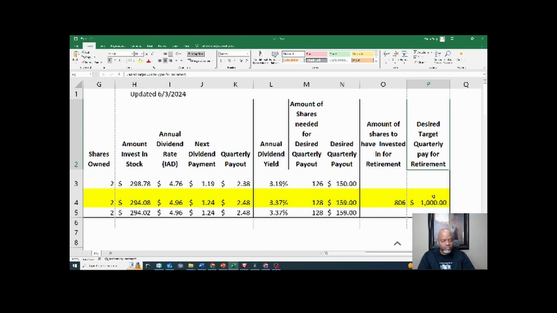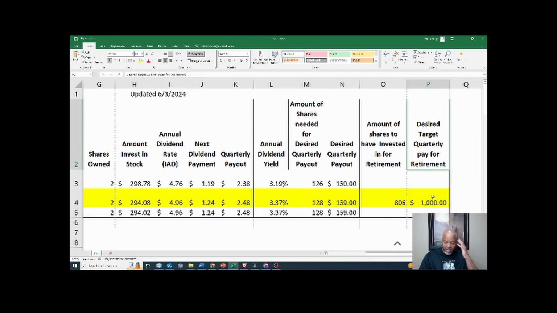I changed it from 200 to 250 because you have to always remember, once you stop reinvesting this money and you're getting payments, the government's going to want to take some taxes out of it. So you've got to incorporate that figure into what you're looking to get as a quarterly payment for retirement. I just rounded it up to 250 because by the time the taxes come out, you'll be getting $200.